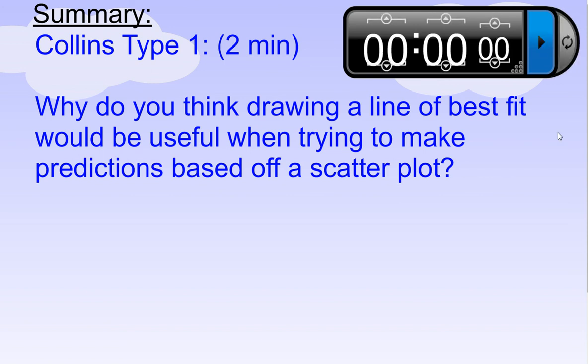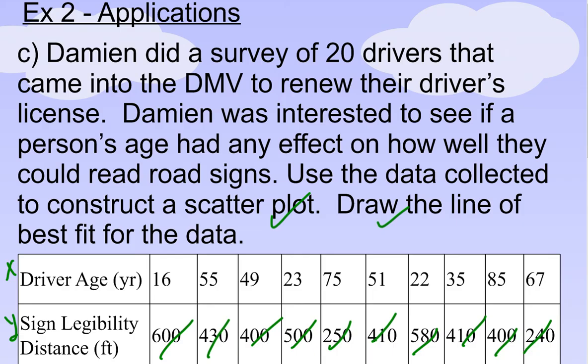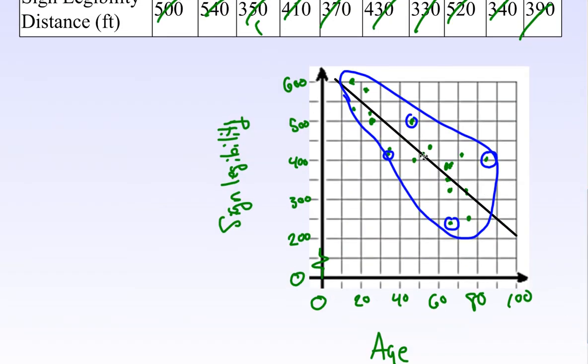All right, so again, why do you think it'd be helpful? Hopefully you said things like, well, I kind of made a prediction down here. I said, based off our line, if we were to continue and extend this data, I would expect a 100-year-old would be able to see around maybe 200 feet. Now, you've got to be careful on how you're predicting, because if you go, well, this person who's 120 can see 0 feet.